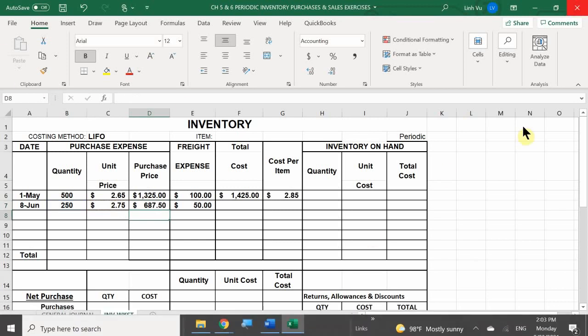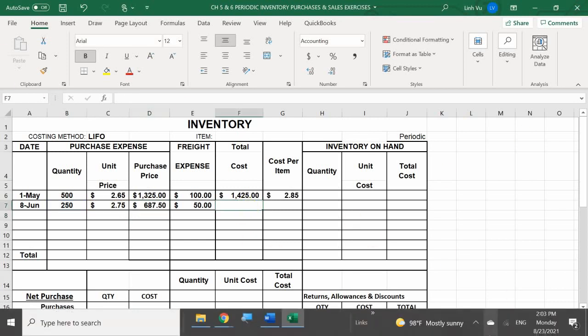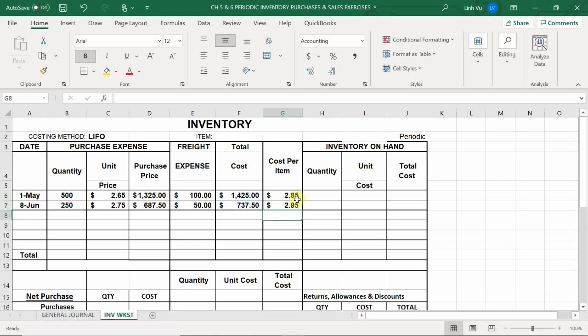Good. Plus $50 freight. So what does that bring my total cost per item to be? $2.95. Okay, well, let's extend it to see if that's actually supposed to be more than that. Okay, good. So far it's even.